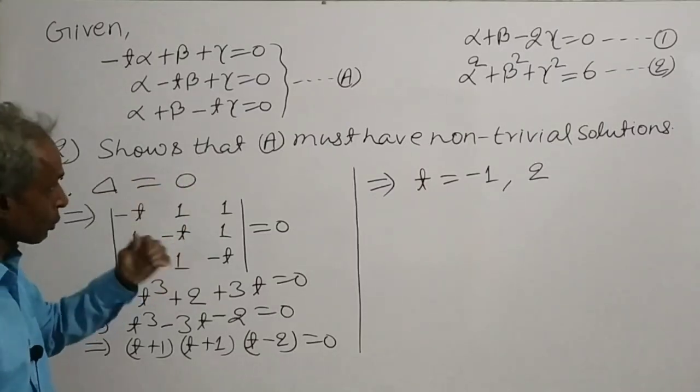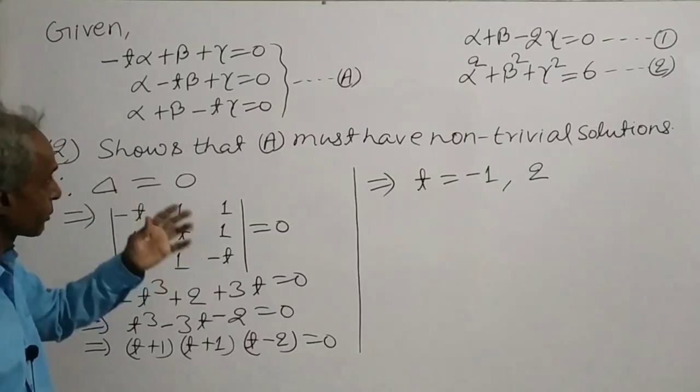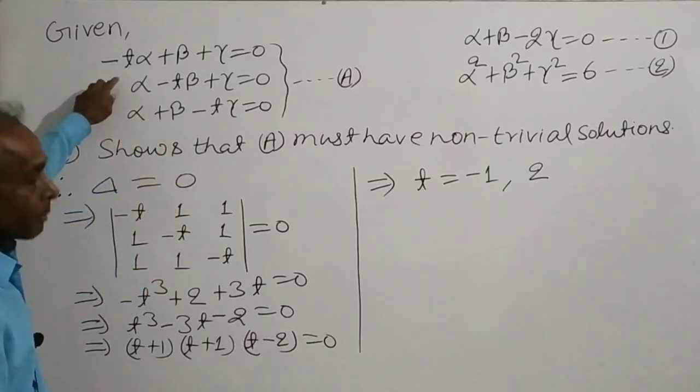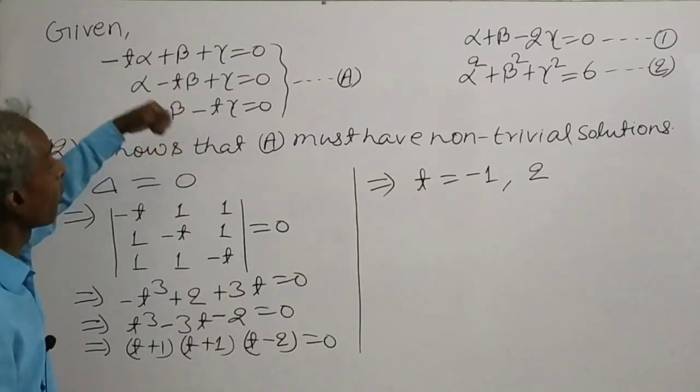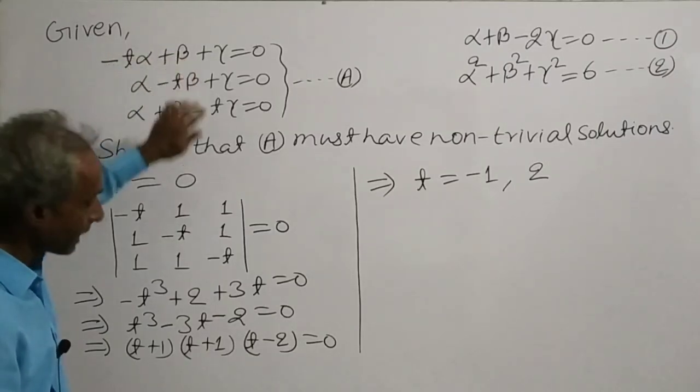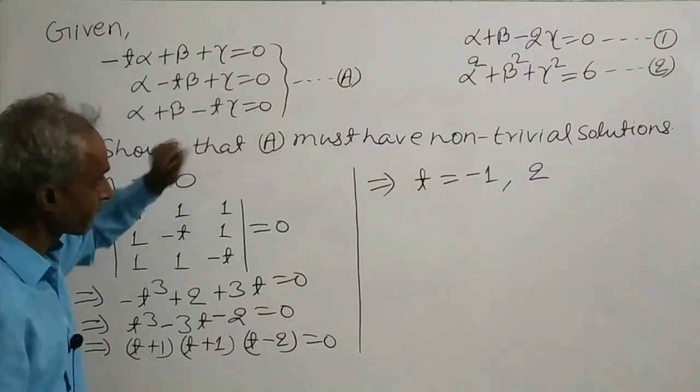But a non-zero solution, meaning a non-trivial solution, may or may not be possible for a homogeneous system of equations.